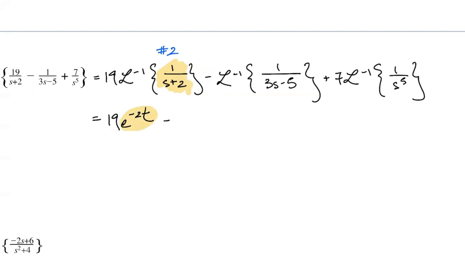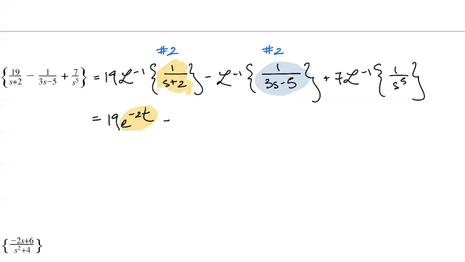All right, the inverse Laplace of the second term, we're going to need to do a little bit of algebra again. Note that this one probably looks the closest to line number 2. But the problem is that the coefficient of s is not 1, and in our table that coefficient is a 1.